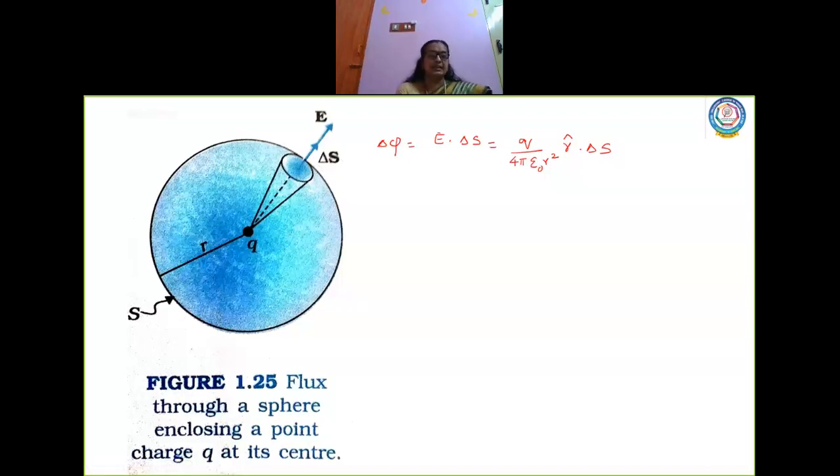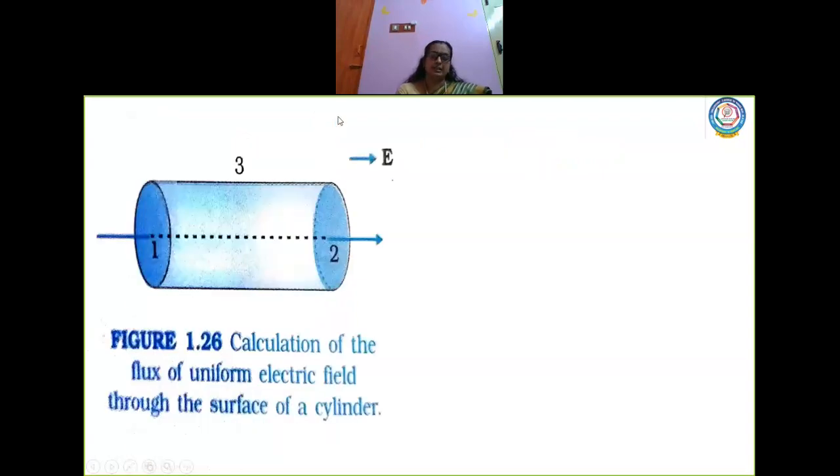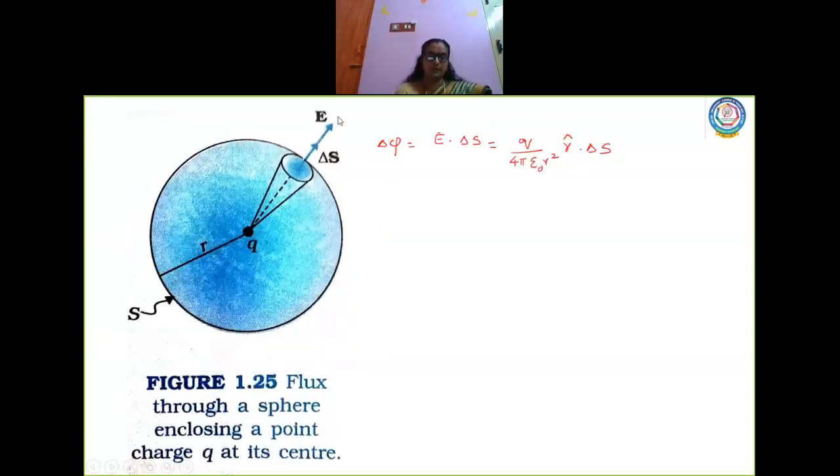This is area. Area vector will be normal. Similarly, electric field is also radially outward. So the area vector and the electric field vector are in the same direction. So flux will be E S cos theta. Theta will be 0. So you have flux to be E dot S.